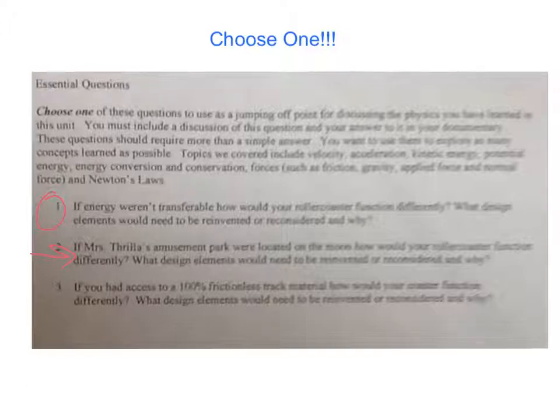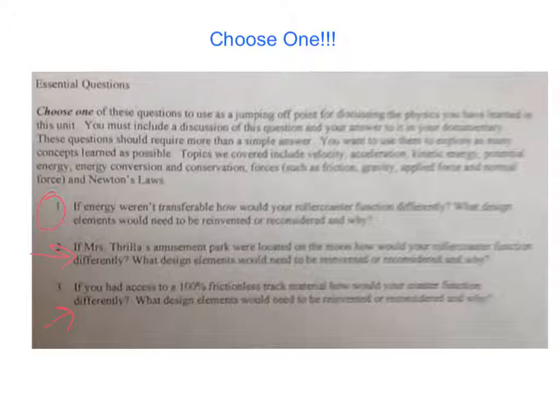And the final one is about making the track frictionless. But again, just because the focus is on friction in that question doesn't mean you can't talk about the other physics concepts that you've learned. So you're kind of getting the idea. I need you to take this question and turn your answer into something that really shows the learning that you got out of the whole physics unit, including the roller coaster project.